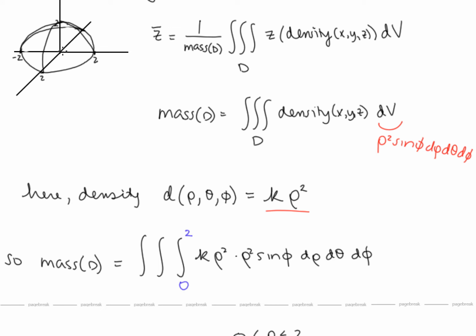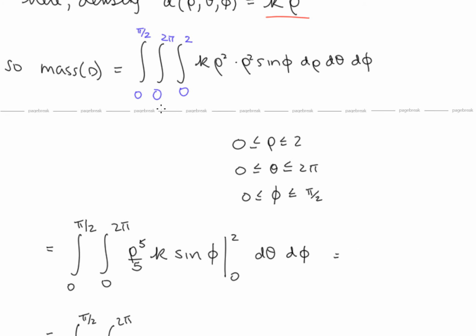Theta, the theta angle, goes from 0 to 2 pi. And phi, the angle from the positive z-axis, goes from 0 to pi over 2. So our mass integral looks like this.